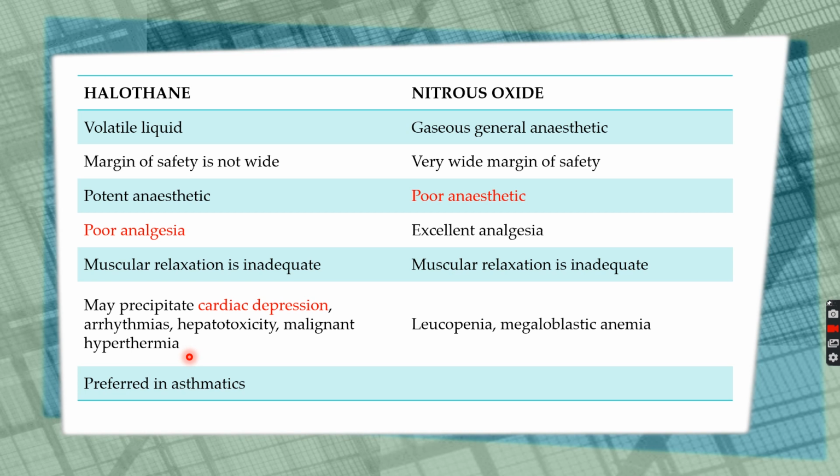Once a high amount of calcium is released, that leads to muscle contraction, which causes abnormally high body temperature. So that is malignant hyperthermia, which is one of the important side effects of halothane.